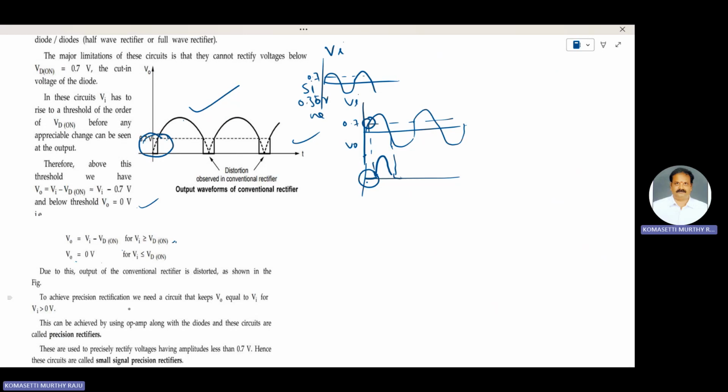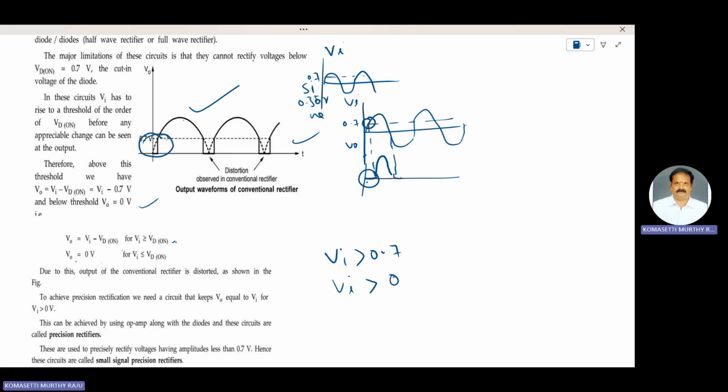To achieve precision rectification, we need a circuit that keeps V naught equal to Vi for Vi greater than 0. Instead of Vi greater than 0.7, we need to decrease this threshold voltage to 0, Vi greater than 0.